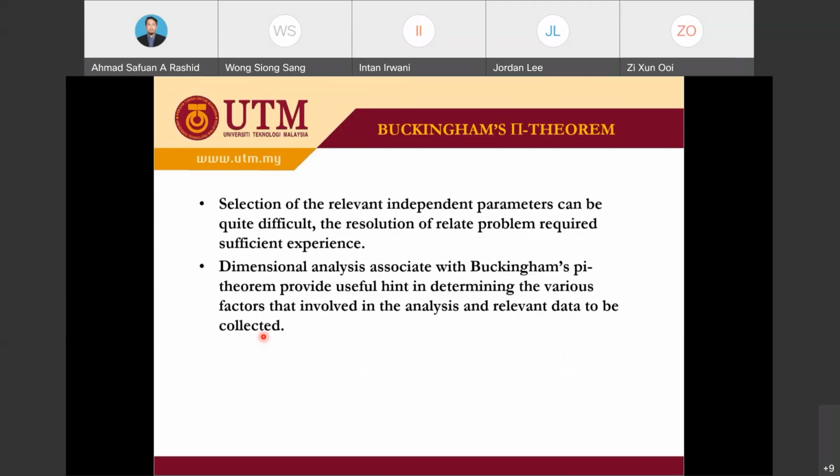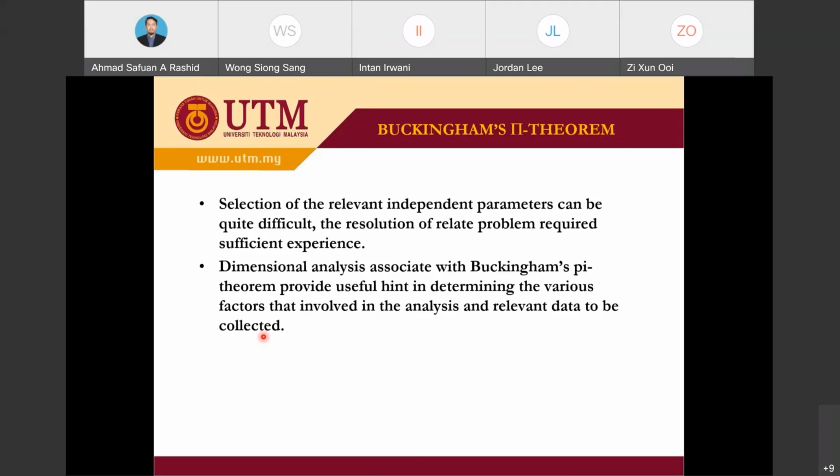Selection of the relevant independent parameters can be quite difficult. The resolution of related problems requires sufficient experience. It depends on the interest of the researcher.